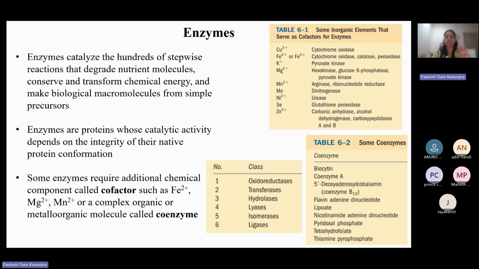Hydrolase, lyase, isomerase are basically involved in changing the structure, and ligases are basically attaching two components together. So you will mostly see DNA ligases, you will mostly see redox chemical reactions wherever you look. You will have isomerases, transferases, all these enzymes, you will mostly find them in different pathways when you are reading them. So these are the different types of enzymes.